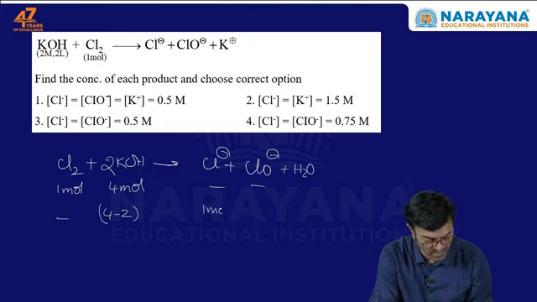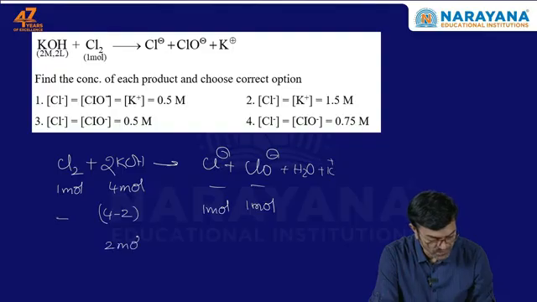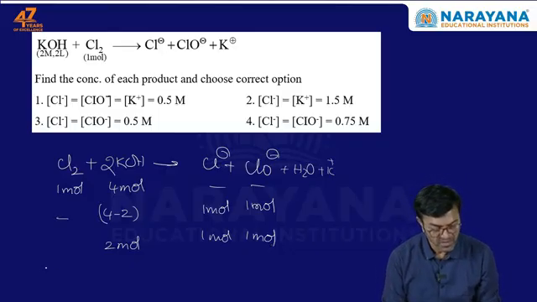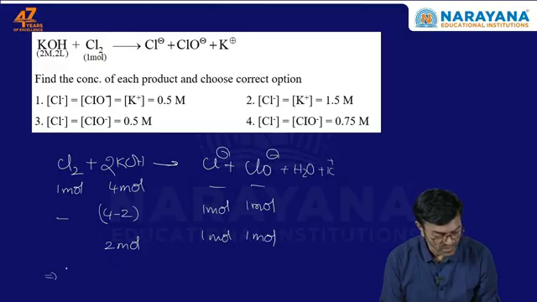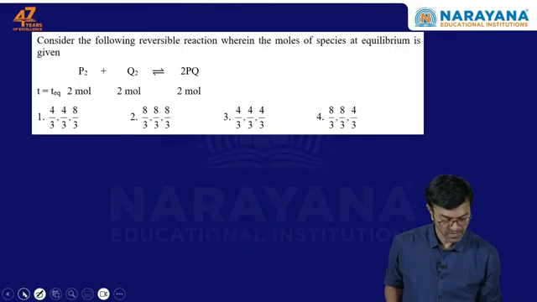Therefore, here we will be getting 1 mole, here we will be getting 1 mole, and K plus will also be 1 mole. So leftover moles are here 2, 1 and 1 mole, and volume of solution is given 2 liters. So therefore, concentration will be number of moles by volume, 2 by 2, 1 by 2, 1 by 2. That means it becomes 0.5. This also becomes 0.5. Alright.